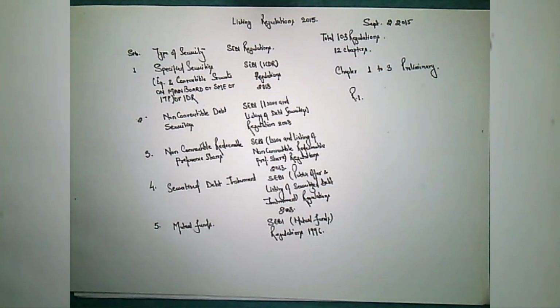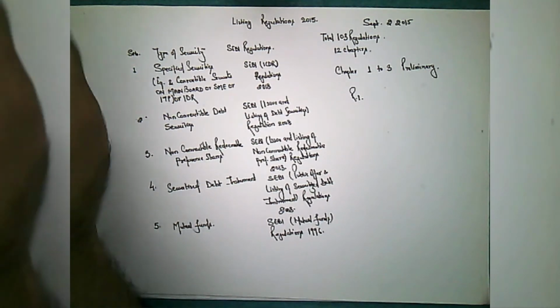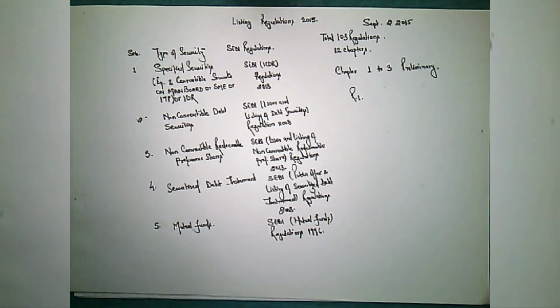So SEBI said, notwithstanding such novation, any action taken or purported to have been done or taken by the stock exchange or SEBI, any inquiry or investigation commenced, show cause notice issued in respect of the existing listing agreement shall be deemed to have been done or taken under this LODR.